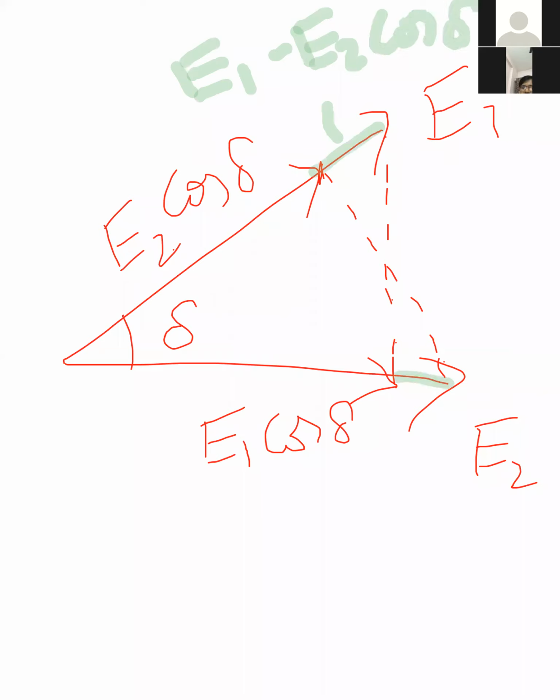This difference is E2 minus E1 cos delta. These are the voltages.